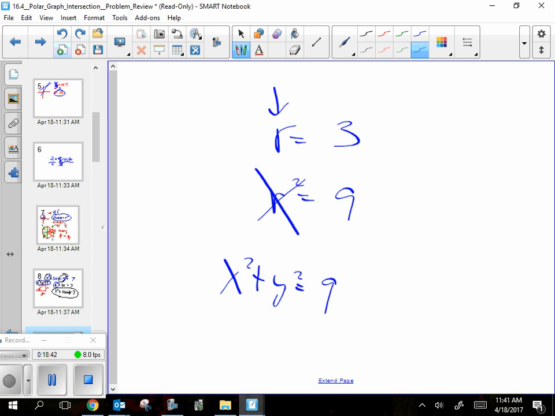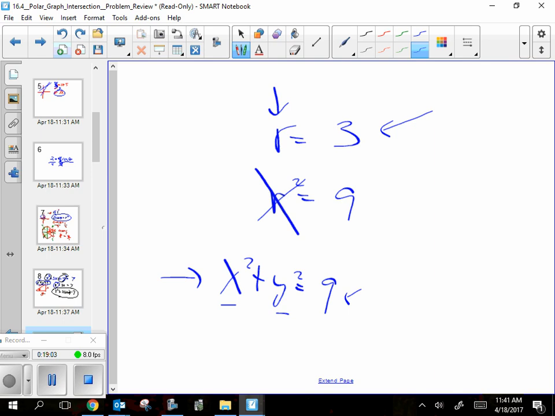Rectangular. Both of them are circles. This is actually easier if you understand it. The radius is 3, and you draw your circle with a radius of 3. This is much more obscure, but we actually studied that in higher algebra. It's a circle that starts at 0, 0, and has a radius of the square root of 9, which is 3, so still a circle.